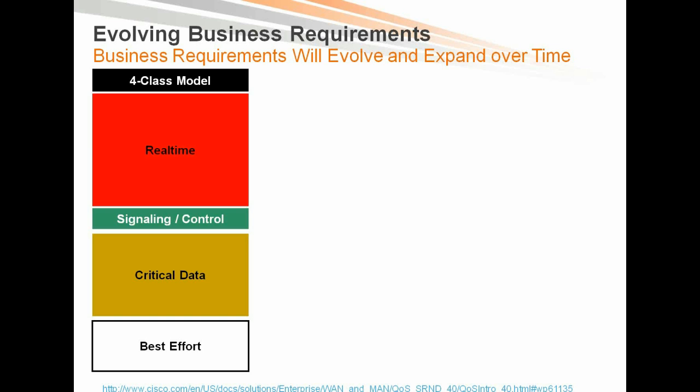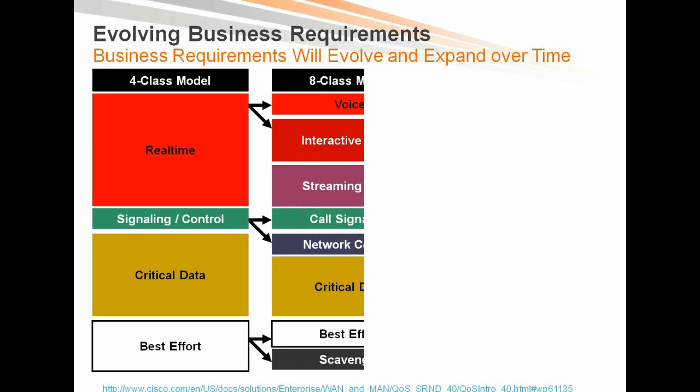The critical data will be a separate data queue where you put Citrix or SAP applications, or just applications that you feel are important to your business. Then again, your best effort queue is going to have all of the traffic in there that hasn't been classified, and this is an extremely important class that we're talking about here. The best effort class is essentially everything that you haven't classified, and so quite a few applications, even fairly important ones, will fall here, so we need to make sure that we take a look at that class as well.